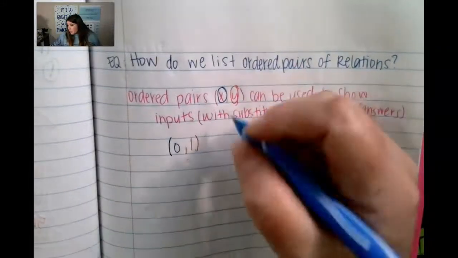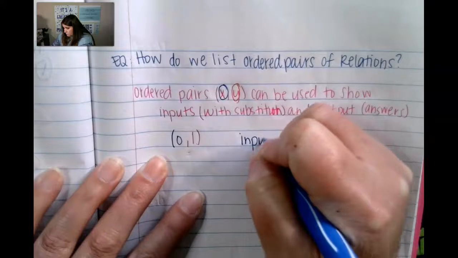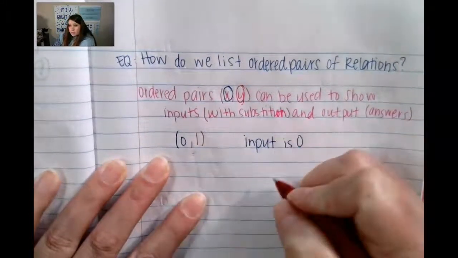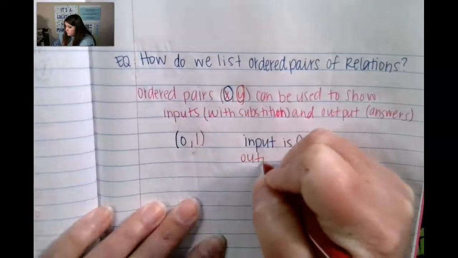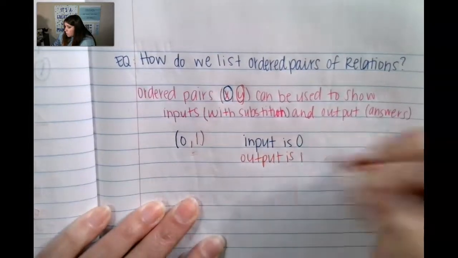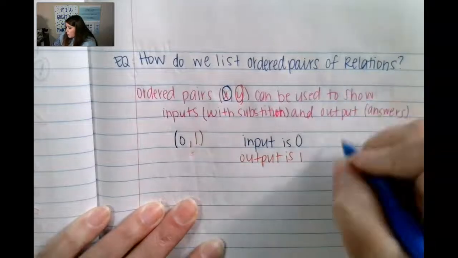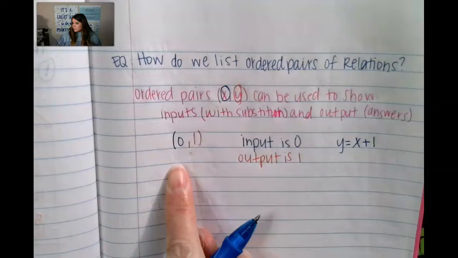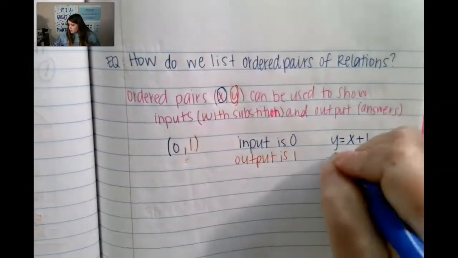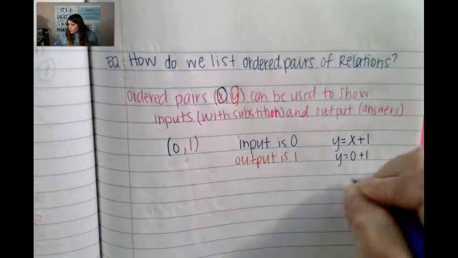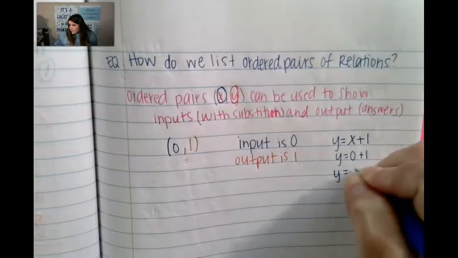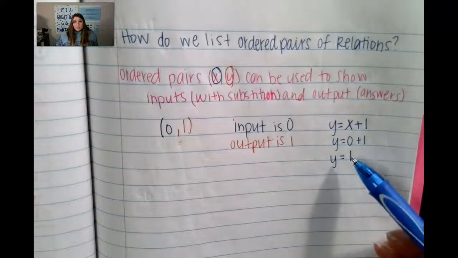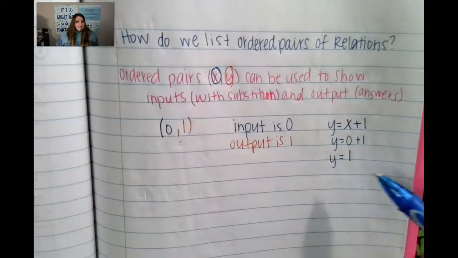So in this case, my input is 0, and my output is 1 when we say that y equals x plus 1. Whatever value I substitute in for x is going to give me some kind of a y value.